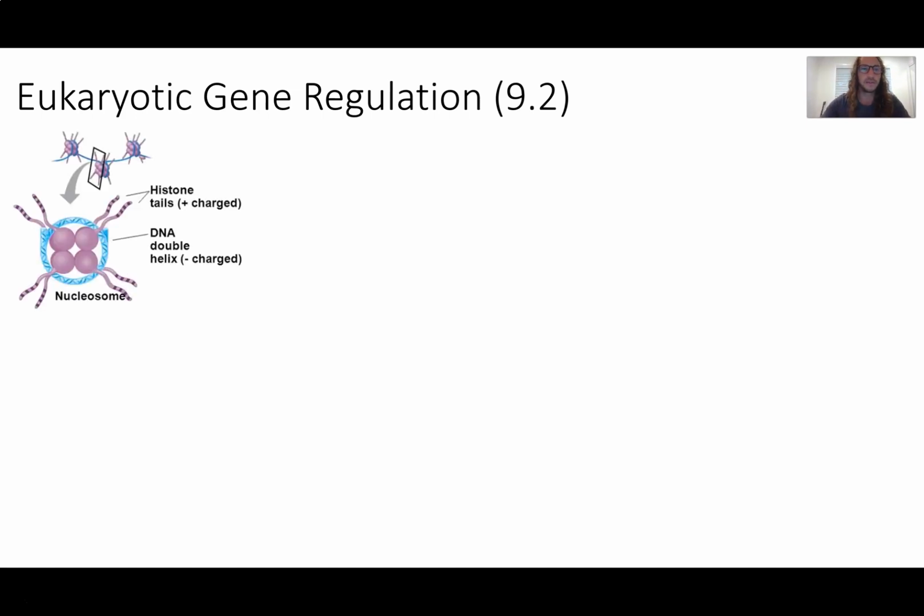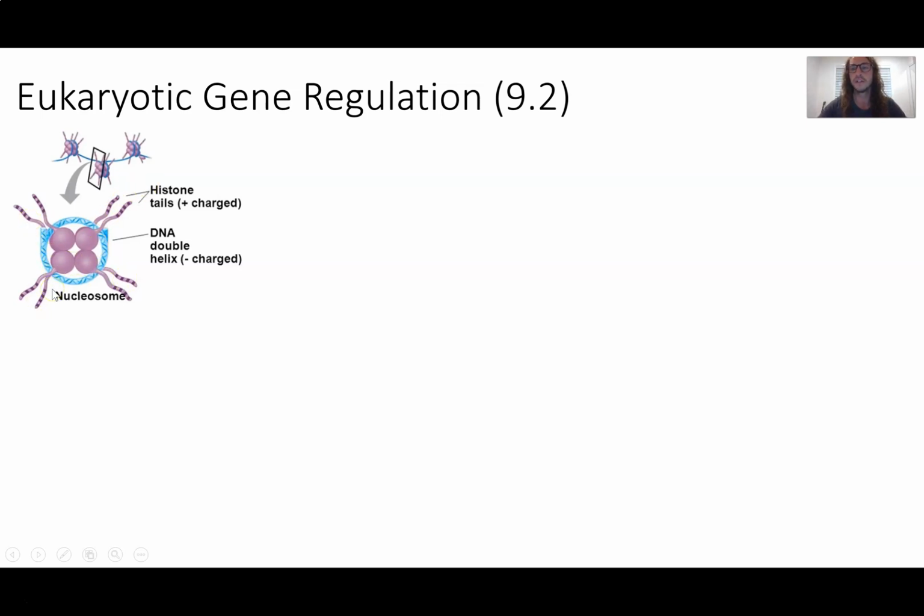Let's bring up this image here. If you looked at that, I hope you would be able to identify. Essentially, there's this histone complex, these 8 proteins, and DNA is wrapped around it, and that is called a nucleosome. What we haven't seen in the other diagrams that we've looked at is that these nucleosomes actually have these tails coming off the side of them.